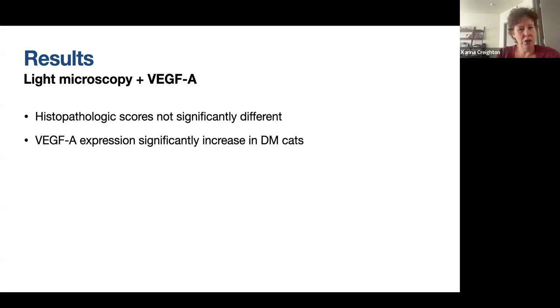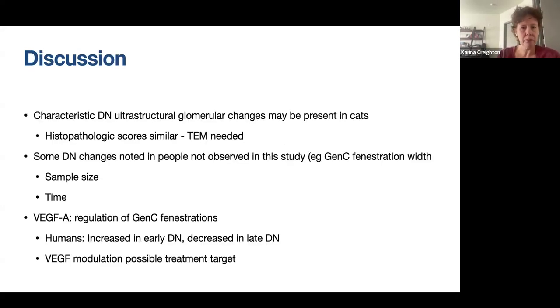There was not a significant difference in the histopathologic scores between the diabetic and the control cats. And the VEGF-A expression was significantly increased in the diabetic cats. That was all 8 of the cats that were available for that particular evaluation.